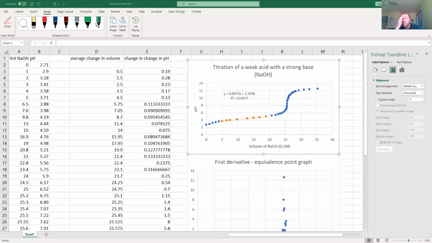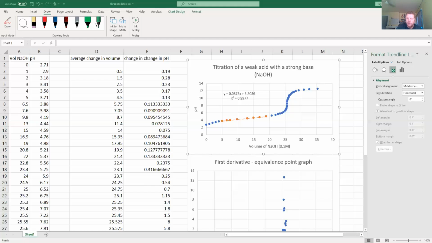So I'm going to say 12.825 times 0.0873 plus 3.3036. That gives me a Y value of 4.4232225. Okay, so that right there is my pKa. This is also my half equivalence point.